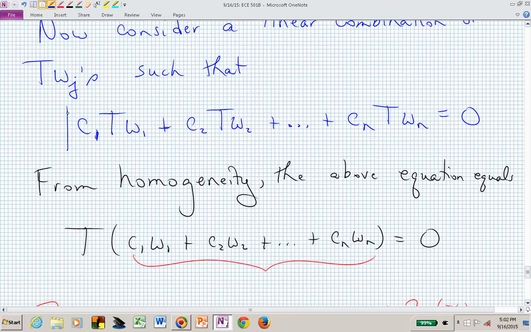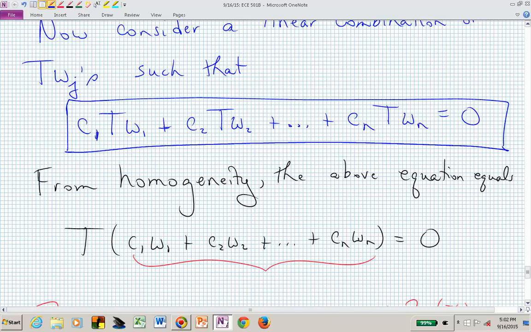Now I'm looking at this equation. If by construction all of those C's have to be 0 in order to end up with 0, what does that say about the TW1, the TW2, the TWn? They were vectors in our spanning list. Now we've just shown that they're all linearly independent, because the only way for this to be true is for those C's to be 0.